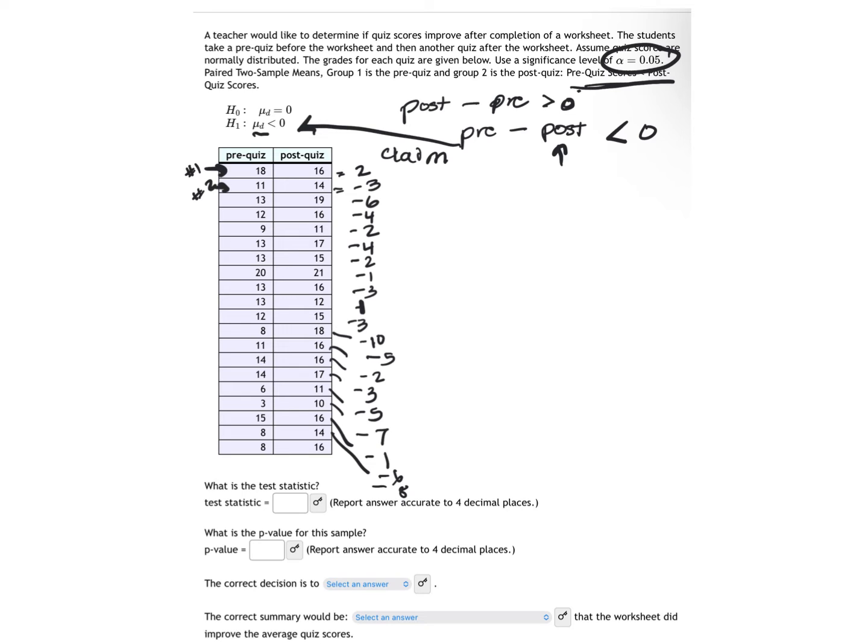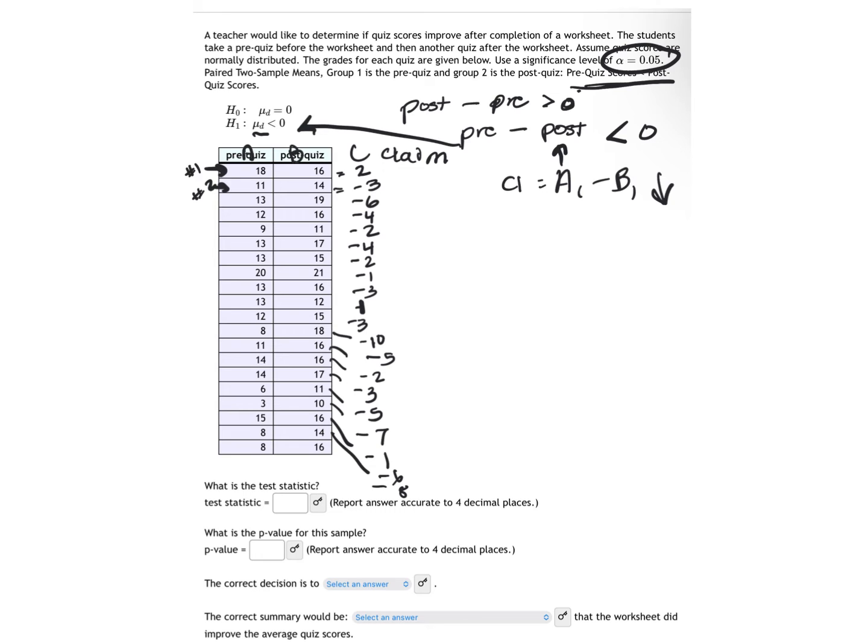If I were doing this for real, not on a video where I had limited technology, I would just copy and paste this into Excel. And then I would say this would be A, this would be B, and in C1, I would put the formula, just A1 minus B1, and then I'd fill down.